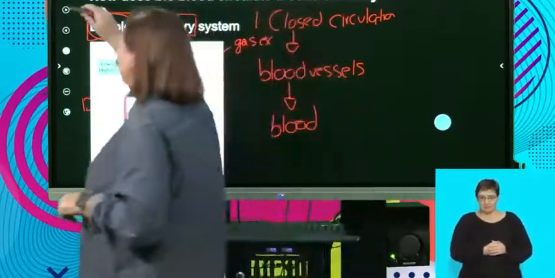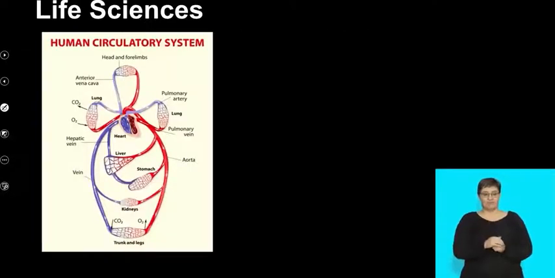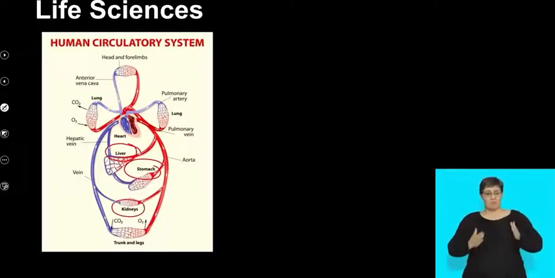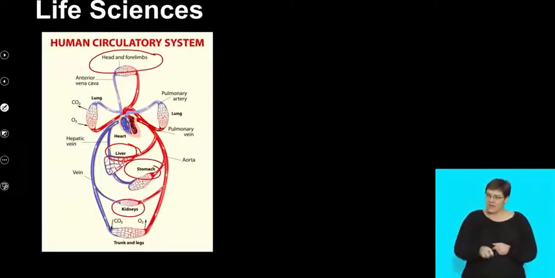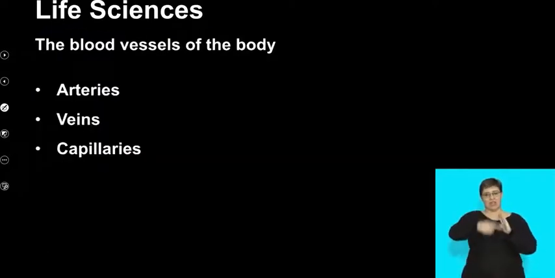Now, if you have a look at this diagram, it's a little bit more intricate, and basically what it's telling you is that every single major part of the body, because this would be your head and that would be your arms, every single major part of your body has to get oxygen, and that is your systemic circulation.